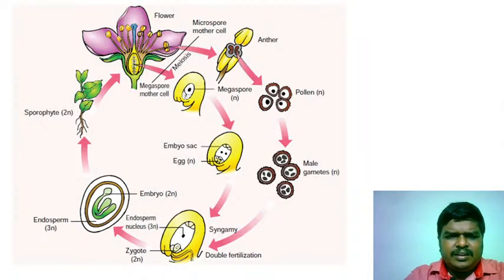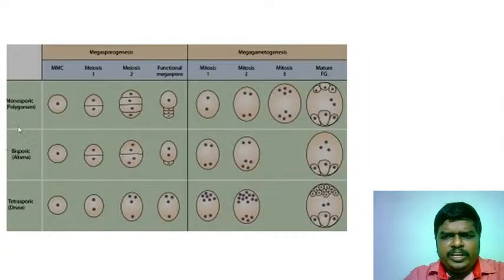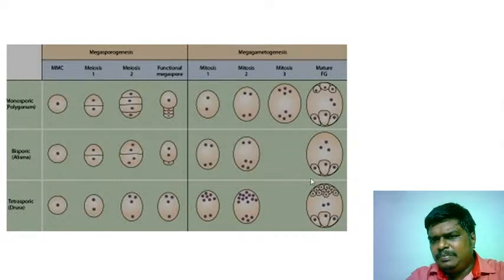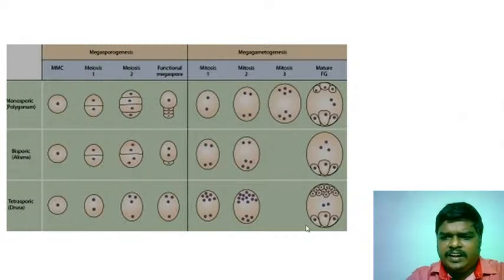Bisporic, here Balakrishna, in bisporic, you can see it here, it won't form 7 cells and 8 nuclei. They form 4 cells with 6 nuclei. See it here, 1, 2, 3, 4, 5, 6. 4 cells with 6 nuclei. And tetrasporic forms n number of cells.